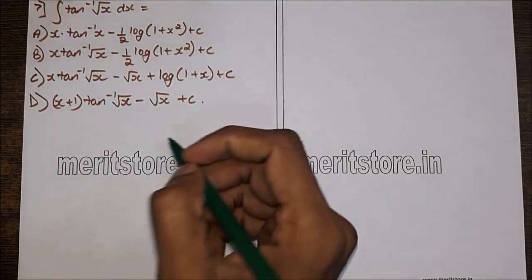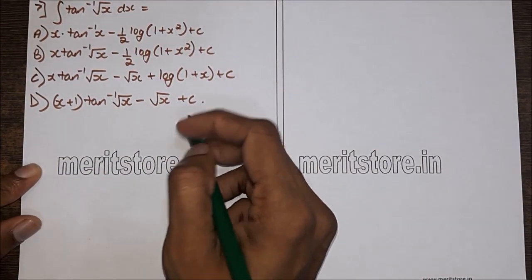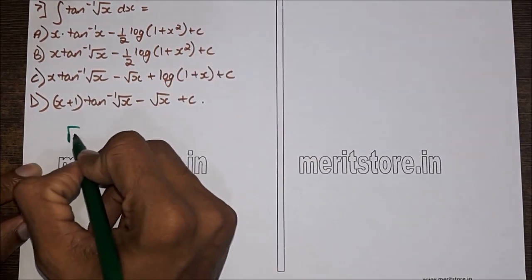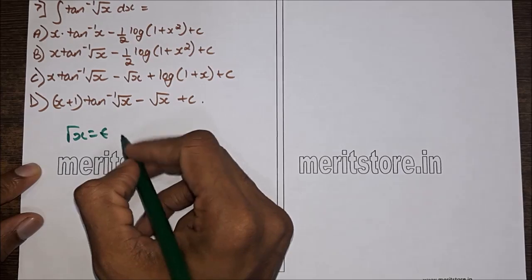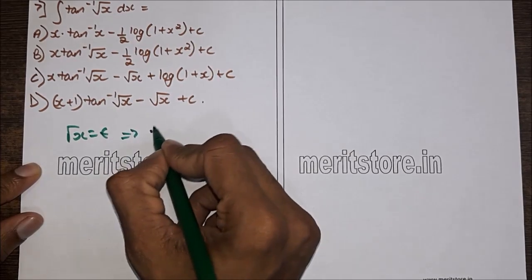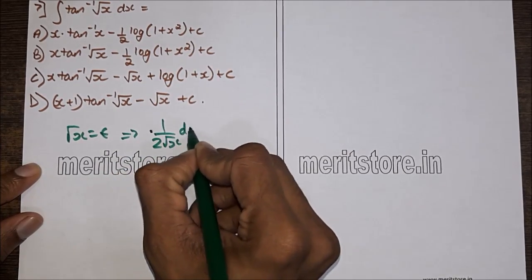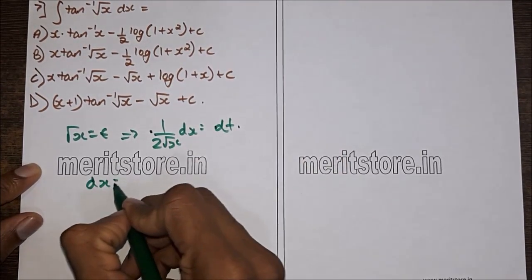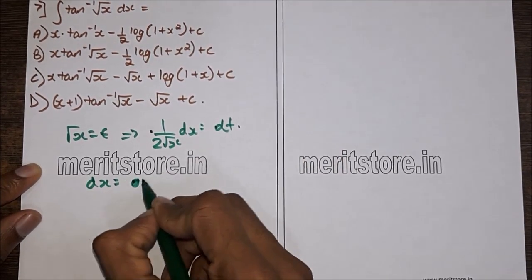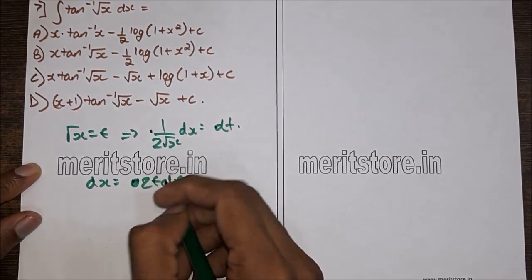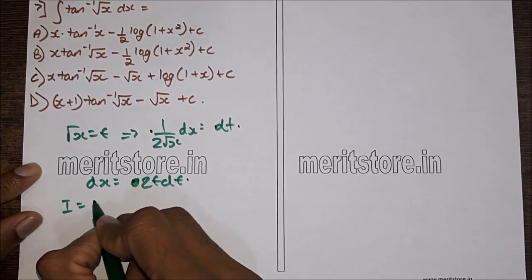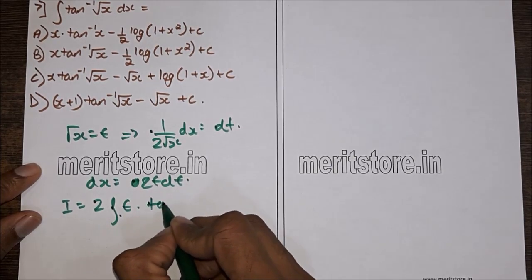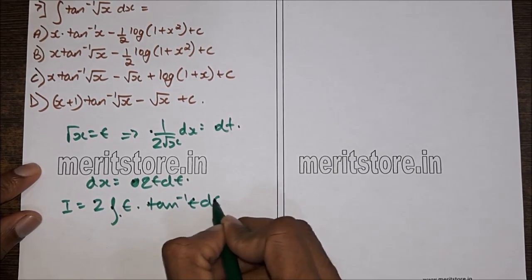Question 7. Integral tan inverse root x dx equal to, we are given 4 options. We put root x is equal to t. When we differentiate both sides, we get 1 upon 2 root x dx equal to dt, or we can say dx is equal to 2t dt. We take I equal to 2 integral t into tan inverse of t dt.